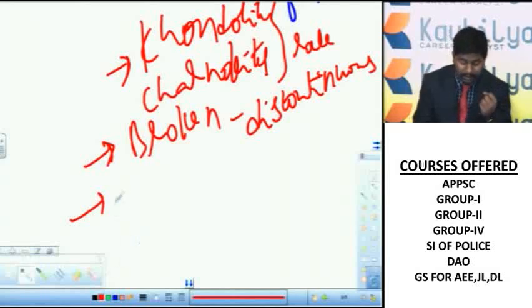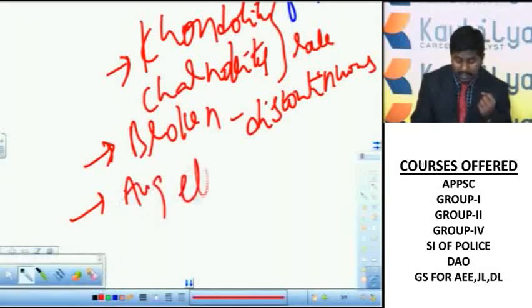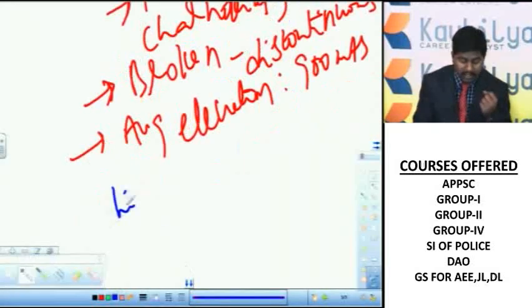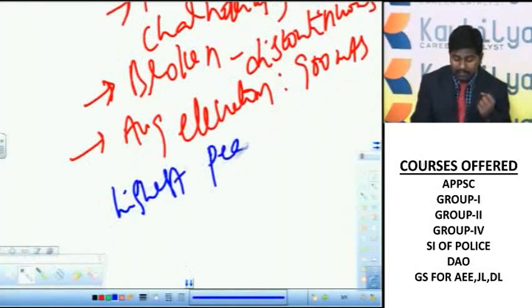And here the average elevation of the Eastern Ghats is up to 900 meters. But the highest peak of the Eastern Ghats is Mount Erma.